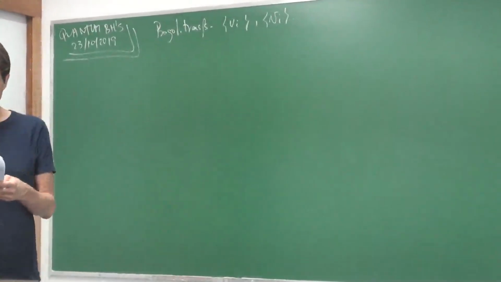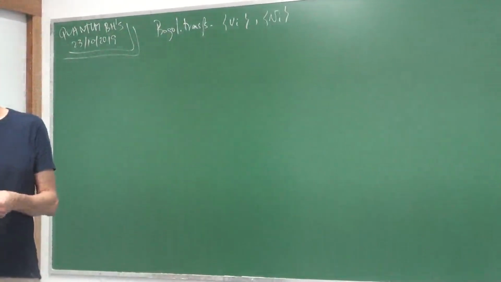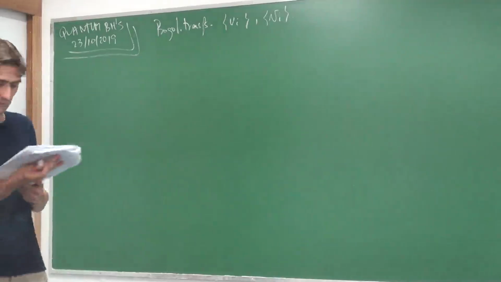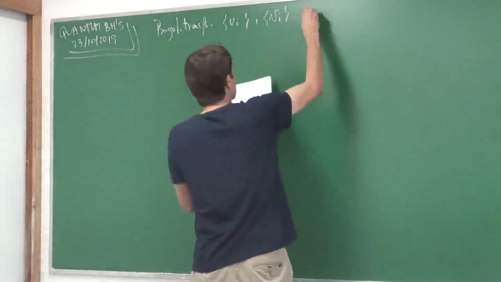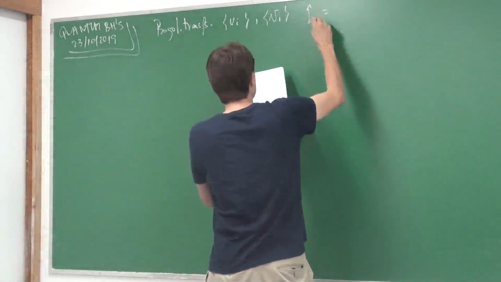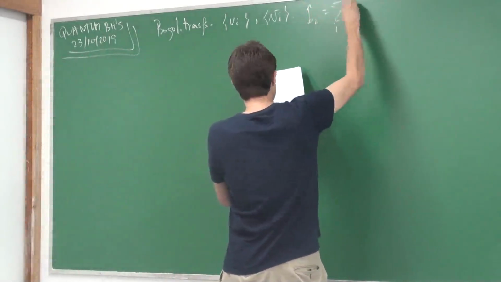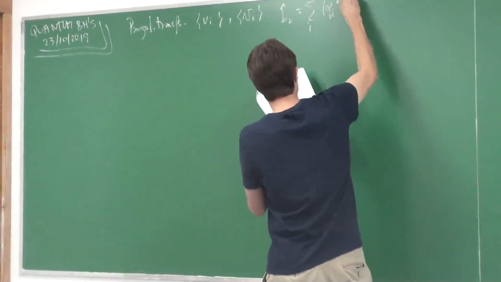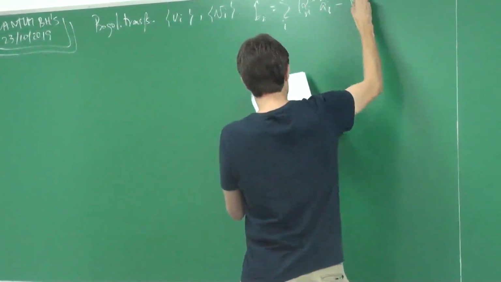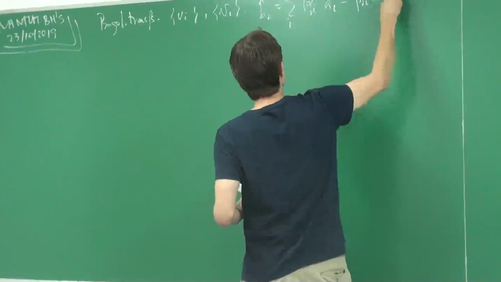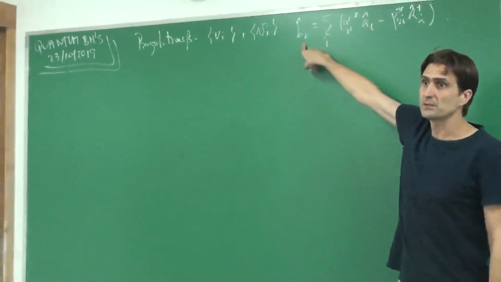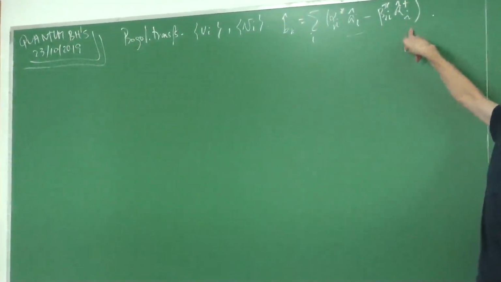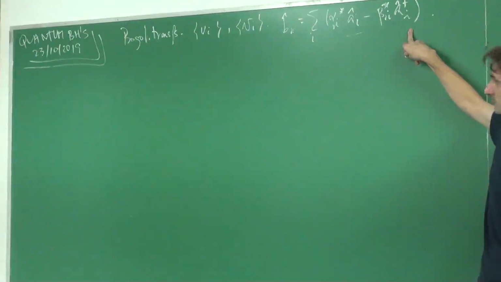You write the field in terms of these, and what we find is that the annihilation operator with respect to one of them contains an annihilation operator with respect to the other one, but also creation operators with respect to the other one.